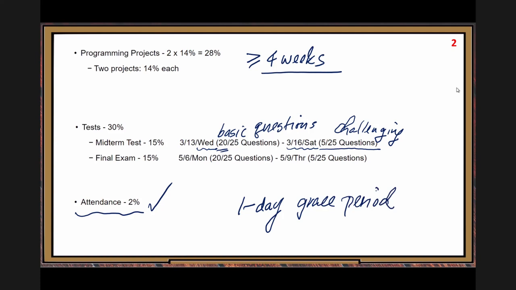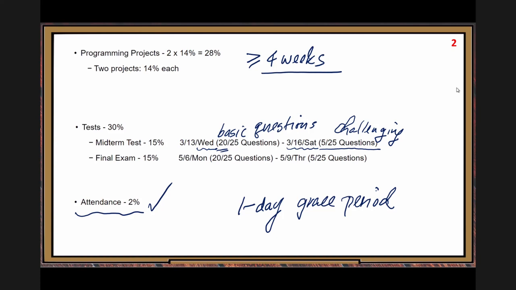So no penalty if you submit it less than 24 hours after the deadline. After more than 24 hours, penalty 4 points per day.